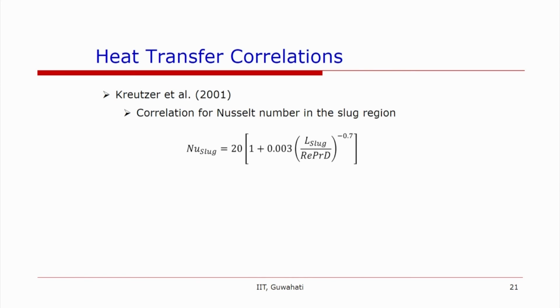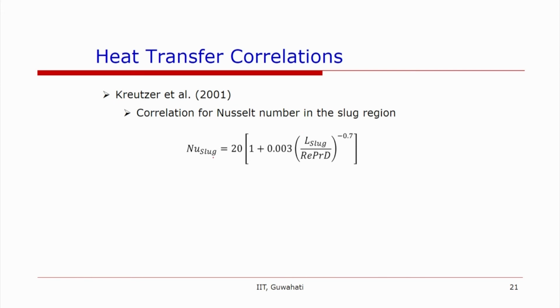Okay. Kreutzer did some experiments. Most of their work was based around mass transfer in the Taylor flow regime, and to develop a correlation for mass transfer, they did a simulation for heat transfer, and from there they looked at the Nusselt number in the slug region or a cavity.